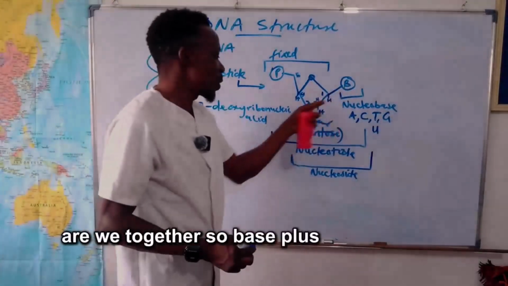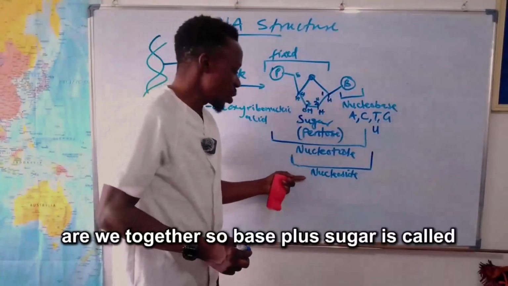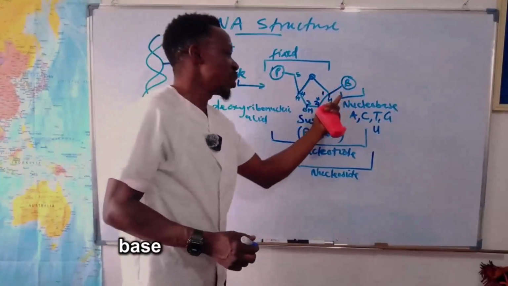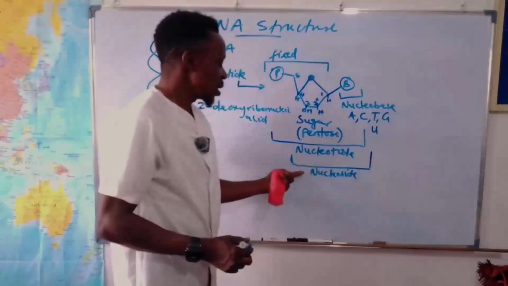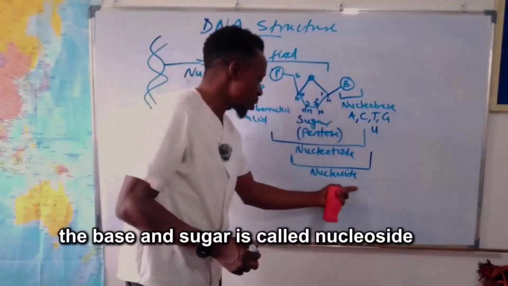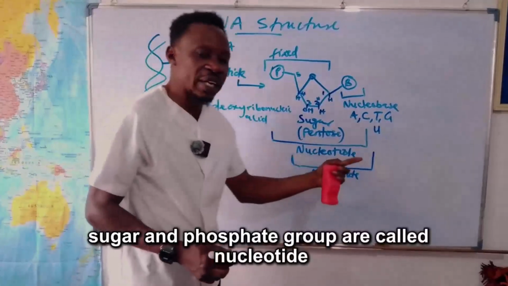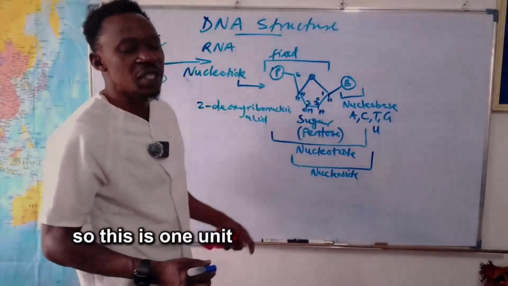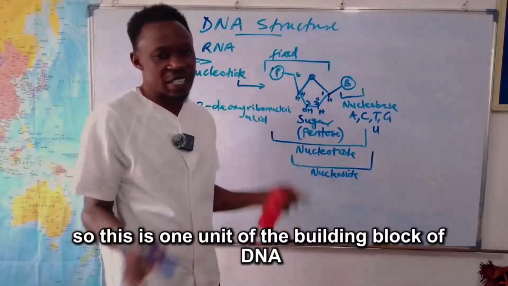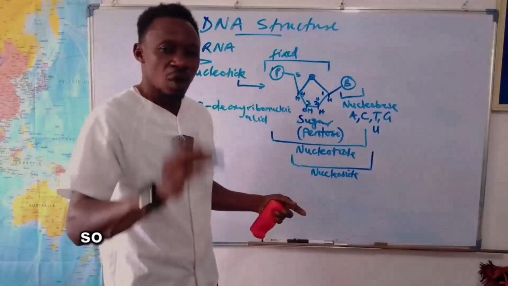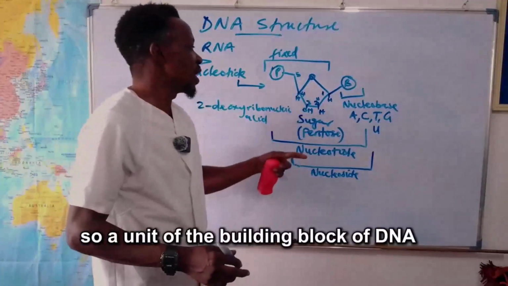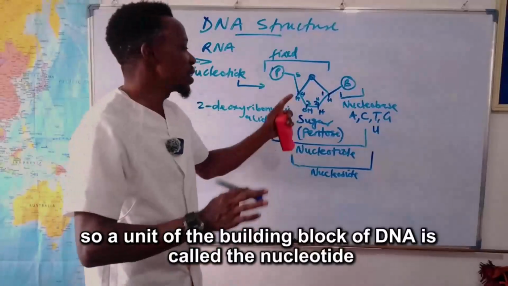So base plus sugar is called nucleoside. Base alone is called nucleobase. Then base, sugar, and phosphate group are called nucleotide. So this is one unit of the building block of DNA. So a unit of the building block of DNA is called the nucleotide.